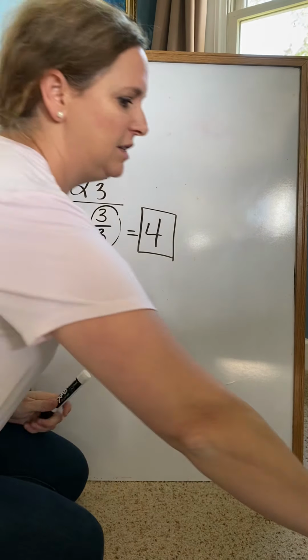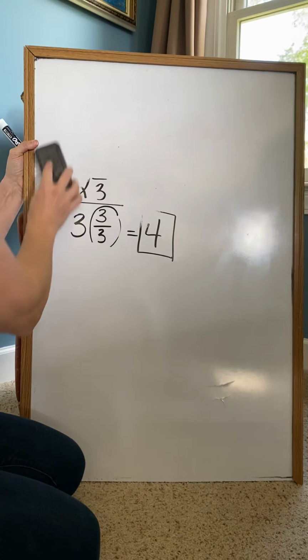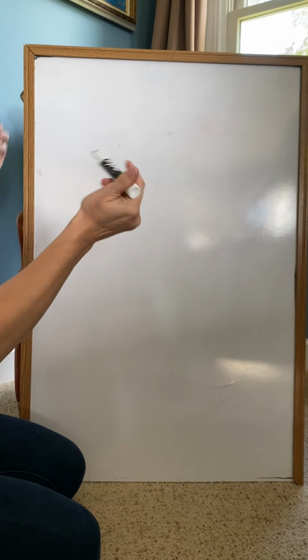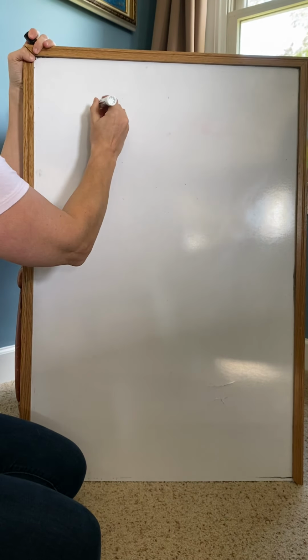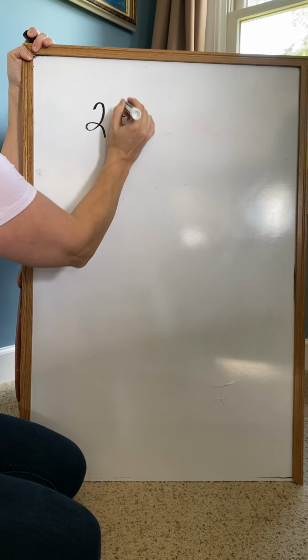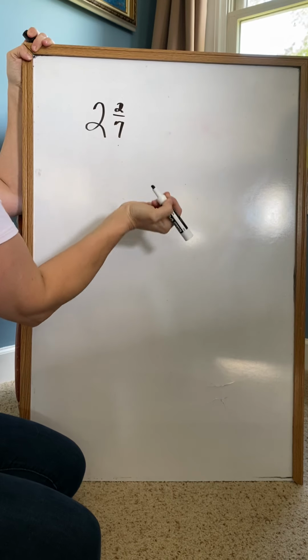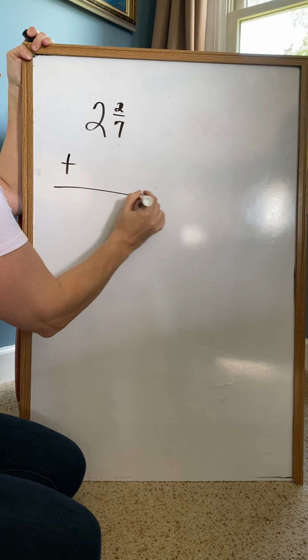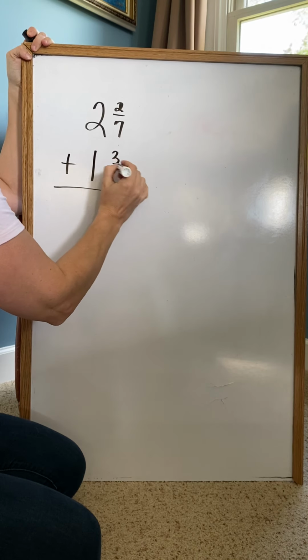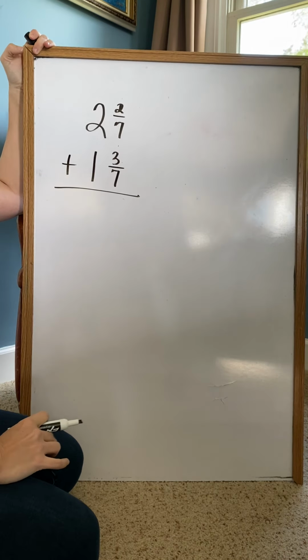Okay, let's do another example. Let's say 2 and 2/7 plus 1 and 3/7.